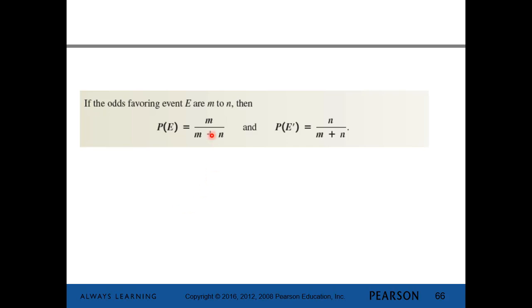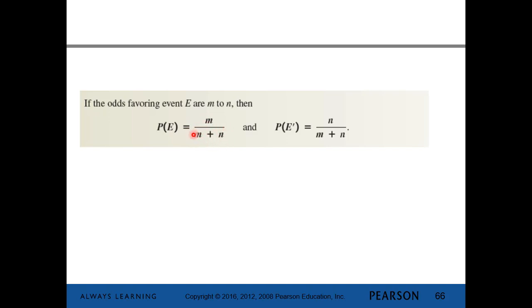If the odds in favor of E are m to n, so the number of times that it will occur to the number of times it won't occur, then the probability of the event occurring is going to be the number of times it occurs over the total number of outcomes.